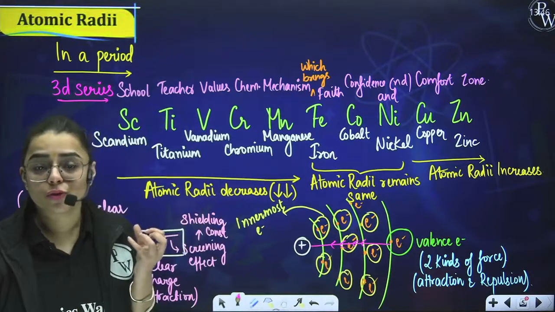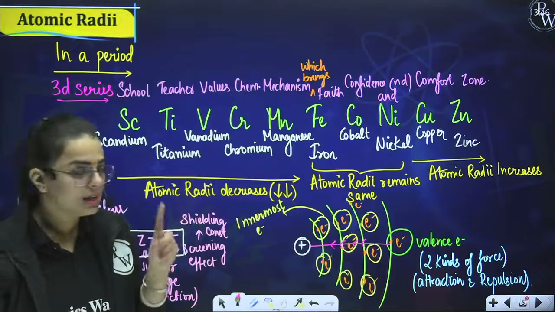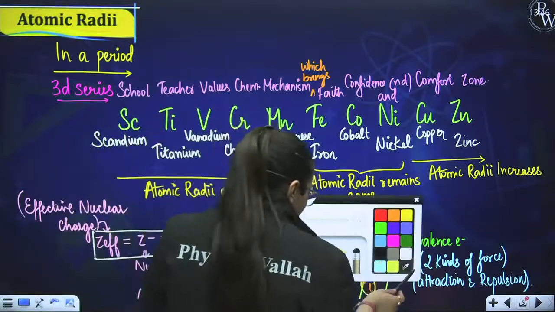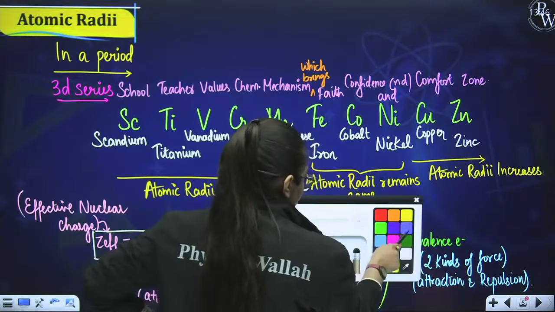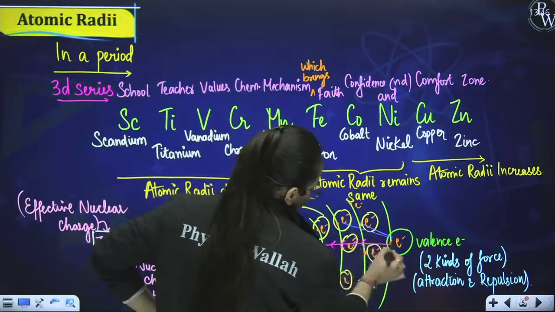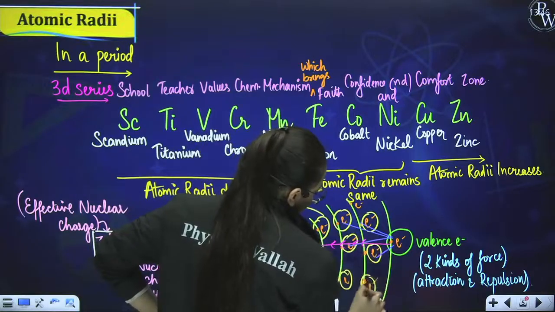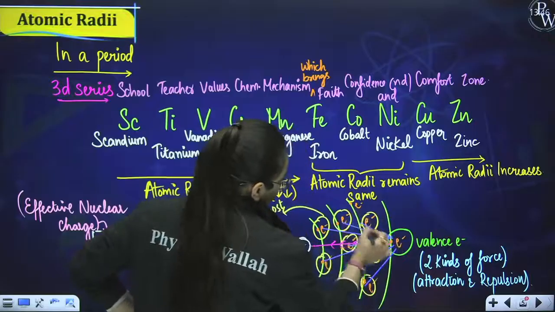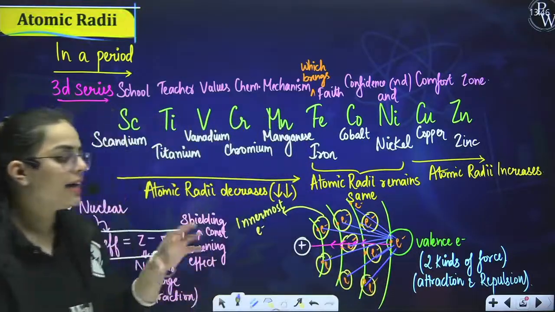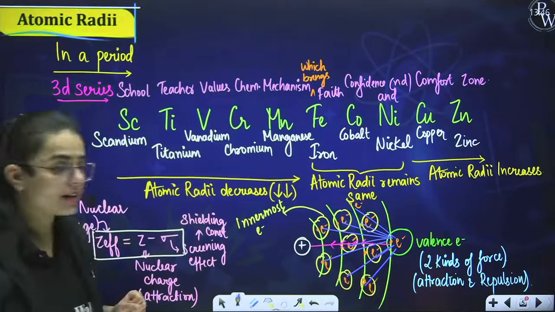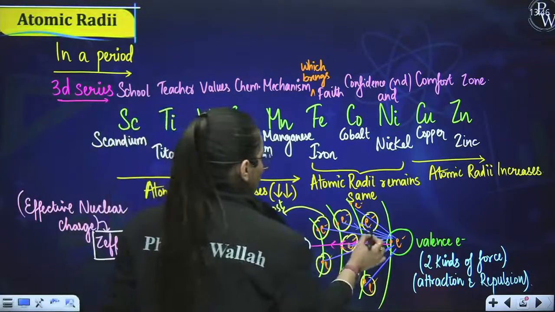Now which kind of force is this? Attractive force. Now next thing. Now see over here. These innermost electrons are negatively charged. I have just told you, a negatively charged species will repel a negatively charged species. They will not attract each other. They will repel each other.